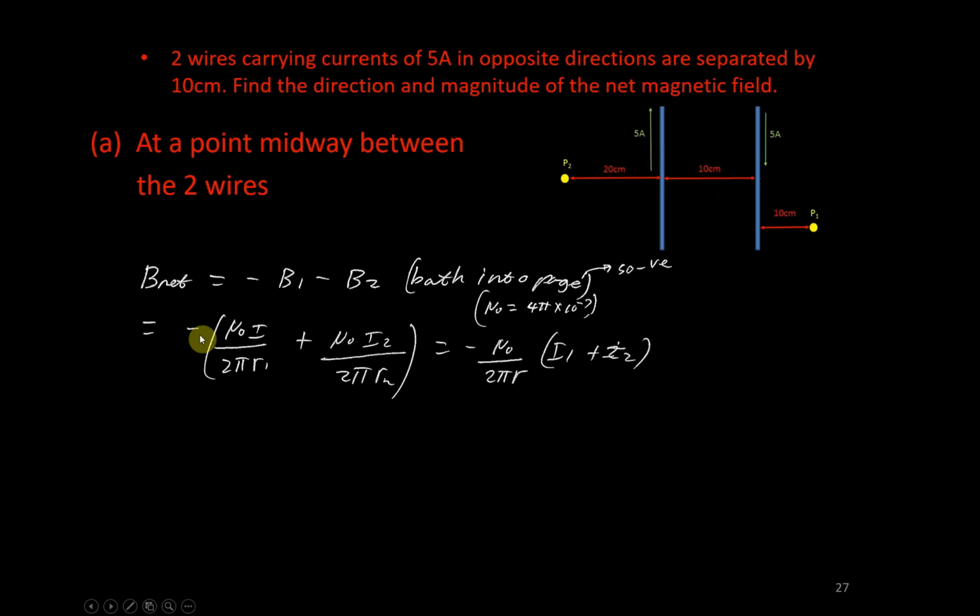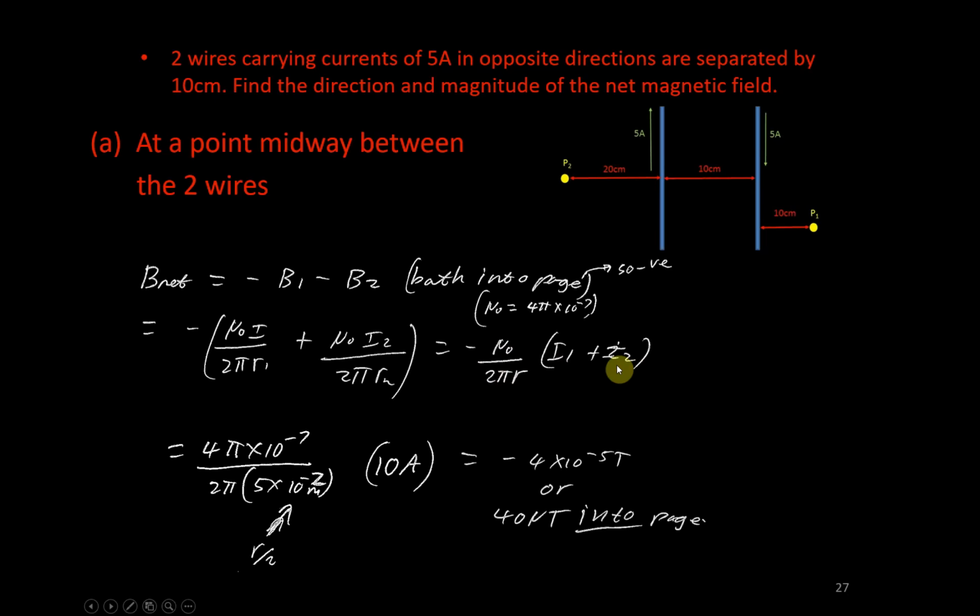Substitute in. That'll be minus, add our two together, mu 0 I1 over 2 pi r, mu 0 I2 over 2 pi r. Essentially, this will end up with mu 0 over 2 pi r at the same point, I1 plus I2. Here, we are looking at r over 2 for our radius because we're looking at 5 centimeters from each wire.